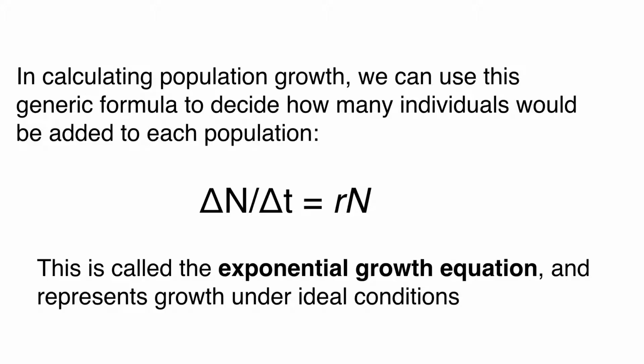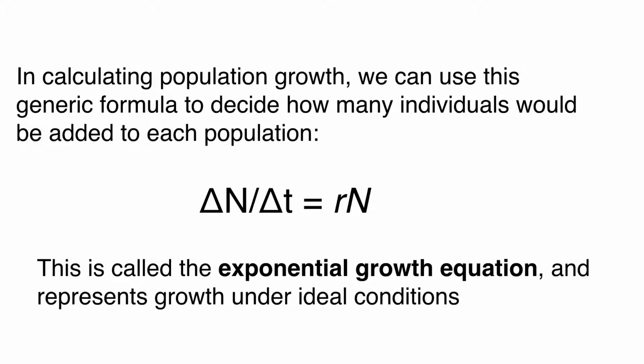You don't need to do any division here. This is just saying, how much is the population changing over a given period of time, and normally we consider that to be one generation. That is equal to R, which is our exponential growth rate, our intrinsic rate of growth, times N, which is our current population size.